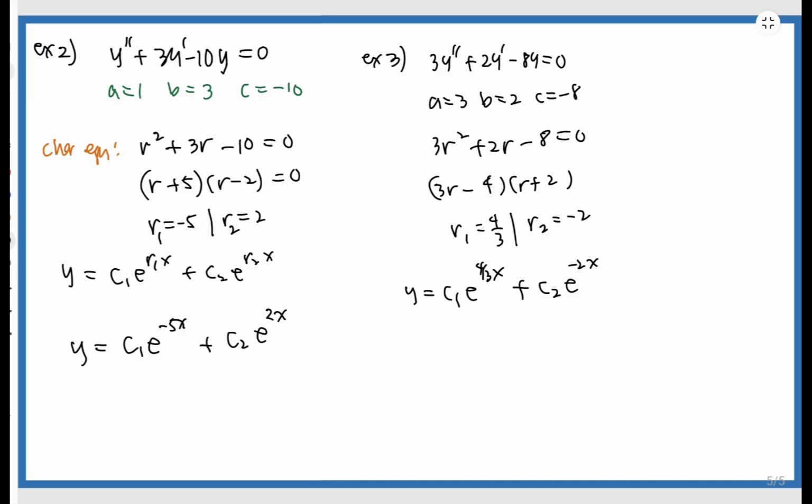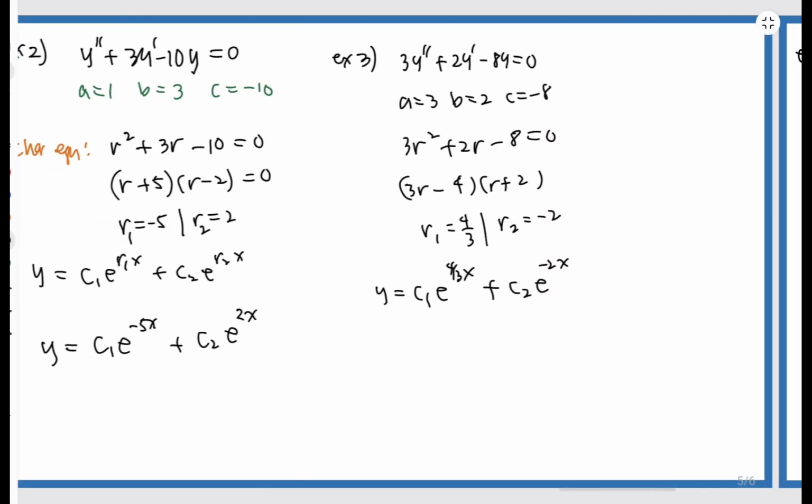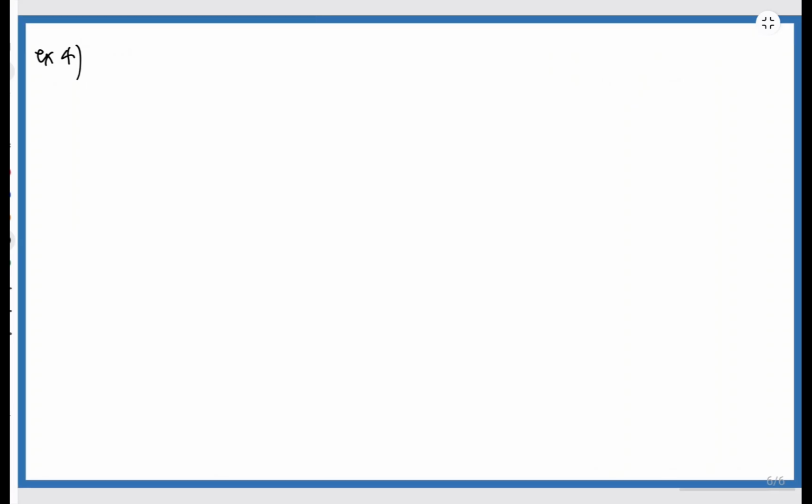Alright, so what if this is an IVP? Let's solve IVP much later. One more example where the characteristic equation is non-factorable. So example 4, say we have y double prime minus 6y prime minus 2y equals 0.